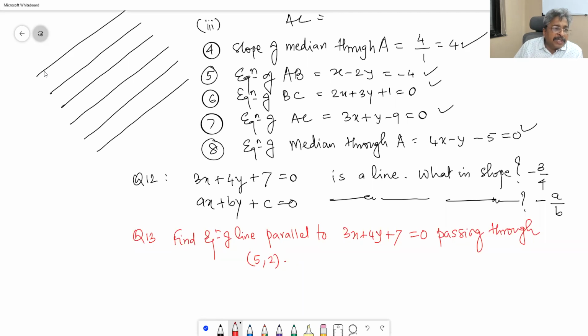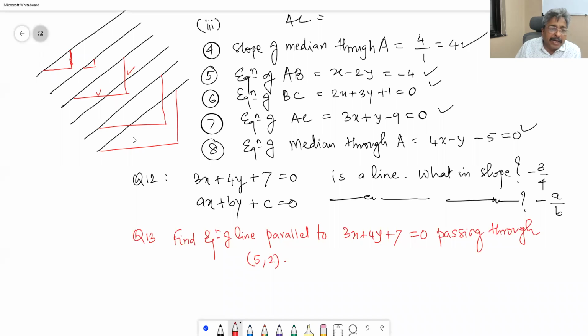Because slope is something to do with the distance traveled in the positive direction of the y-axis. It's a ratio. As long as all these triangles are similar, this opposite side upon adjacent side is going to be the same always, no matter where you draw that triangle.